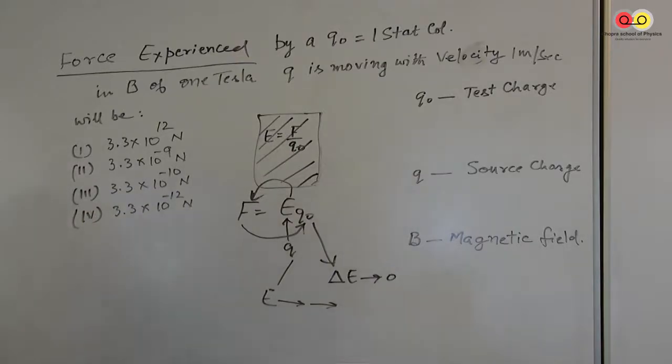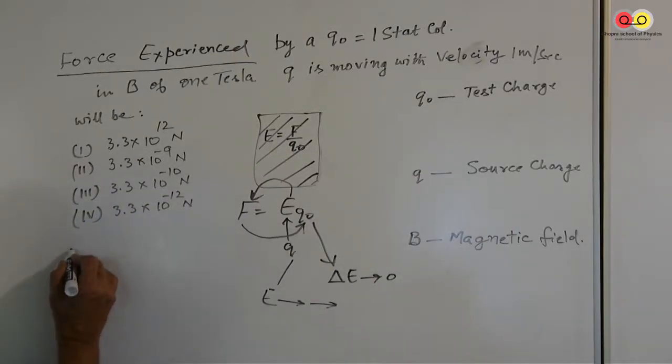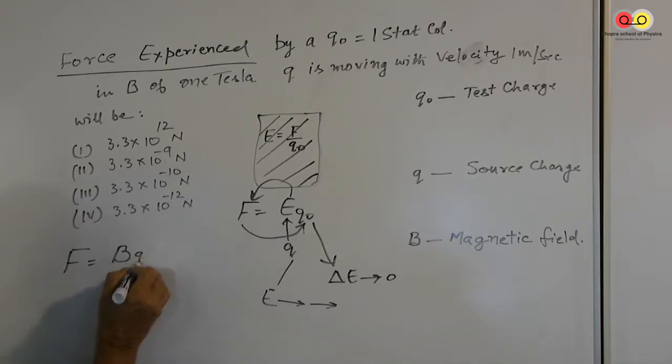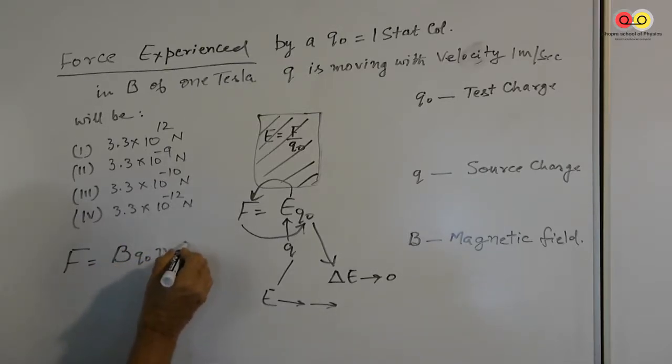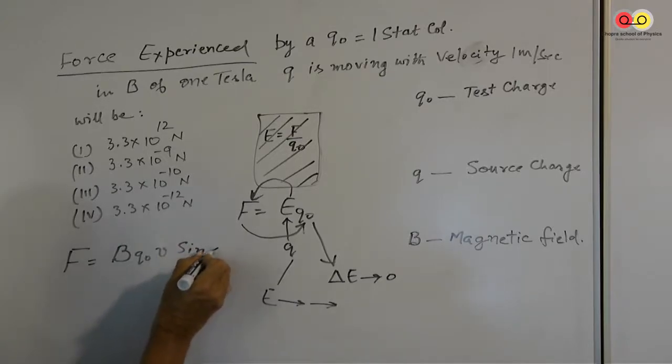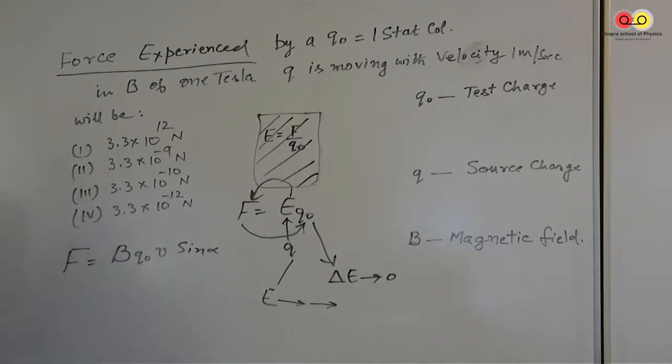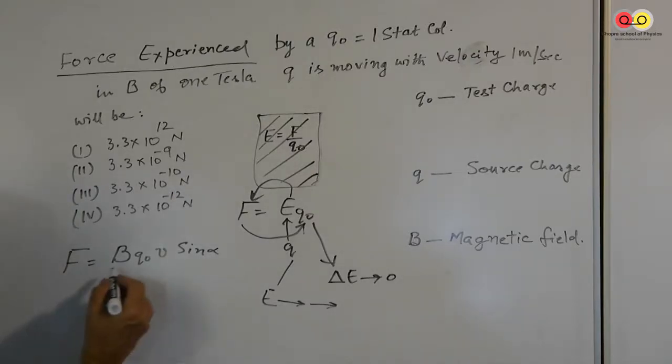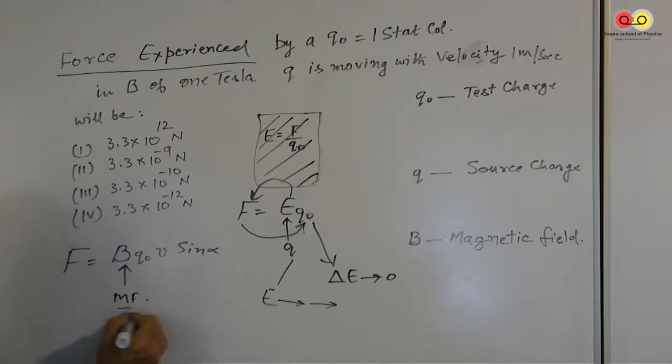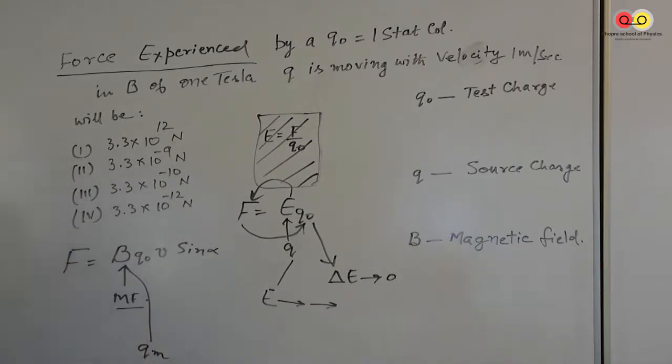Now another thing, I am writing another formula, F is equal to B Q naught V sine alpha. Now here, B stands for magnetic field, and it is generated by moving charge.